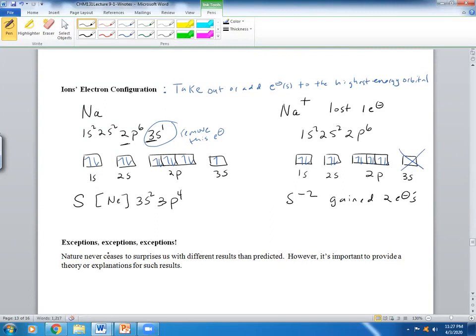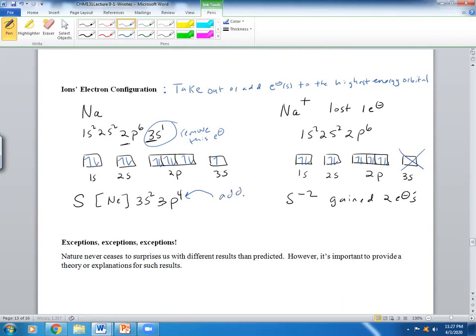Okay, so the question is, well, where do we add those 2 electrons? Well, this is where you add them, to this one. Can it fit 2 more? Of course it can. This one can take up to 6. So you have 2 more.